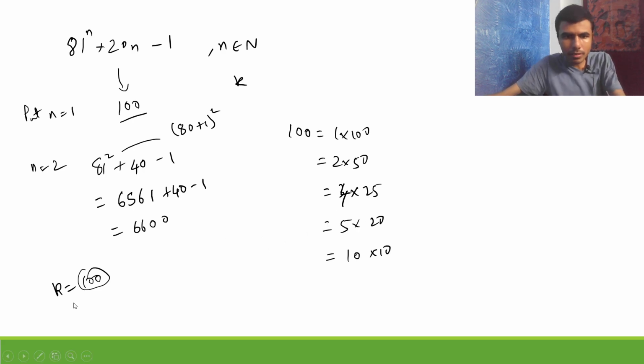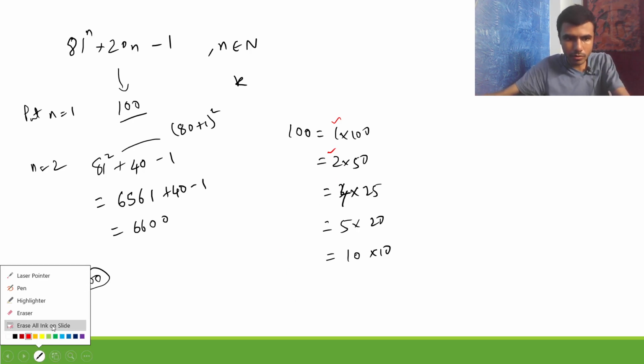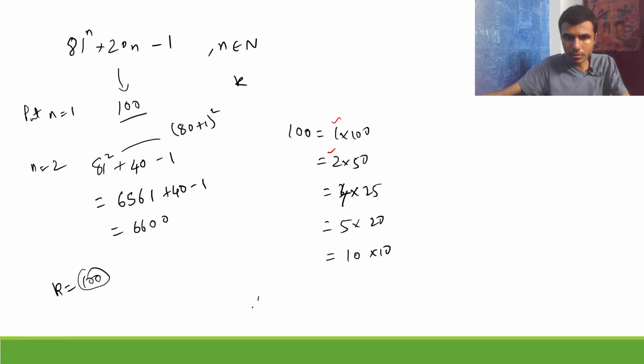So the divisors are 1, 2, 4, 5, 10. 10 will come only once. Then 20, 25, 50 and 100, because every number divides itself.